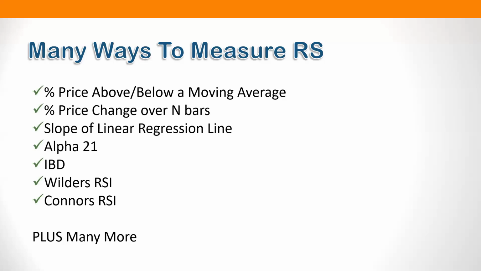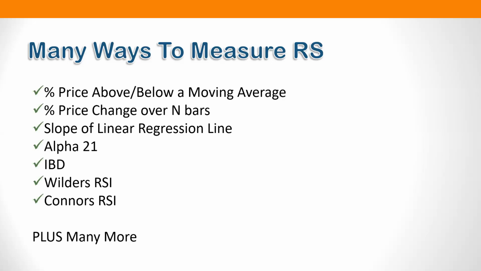Another way that I found to be quite useful is the slope of linear regression line. So take an n period linear regression, and how steep is that line? Compare all of the stocks in your list, rank them. You have a relative strength measure to rank.